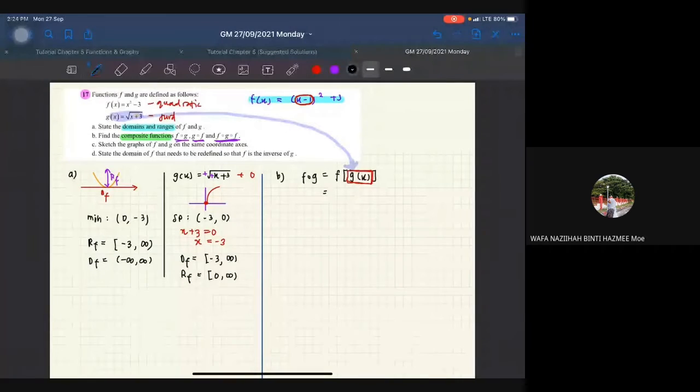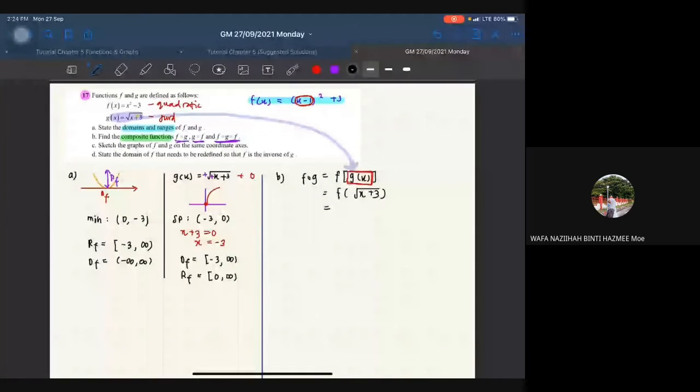You will have f in bracket of 6x plus 3. Like that. Close your bracket. Okay, and then we just substitute our new input into our function f(x).